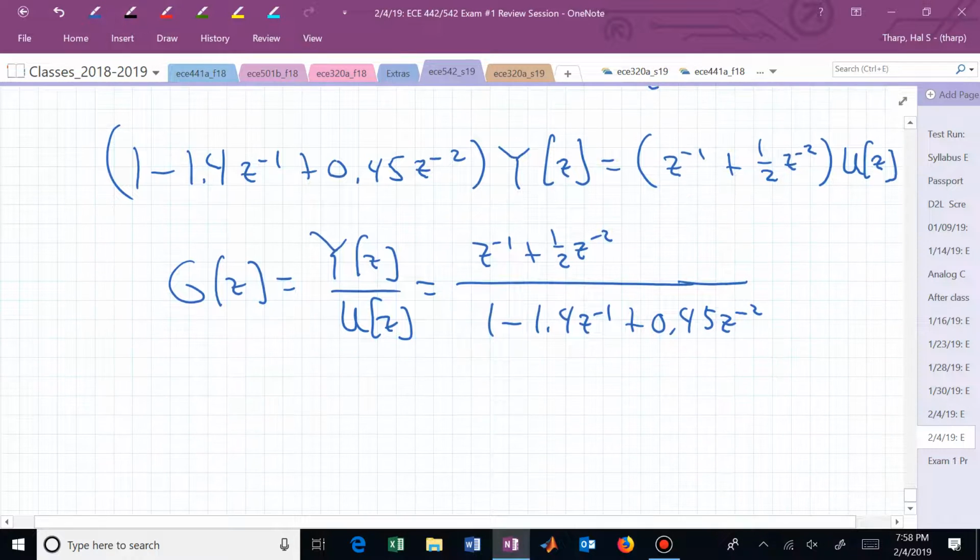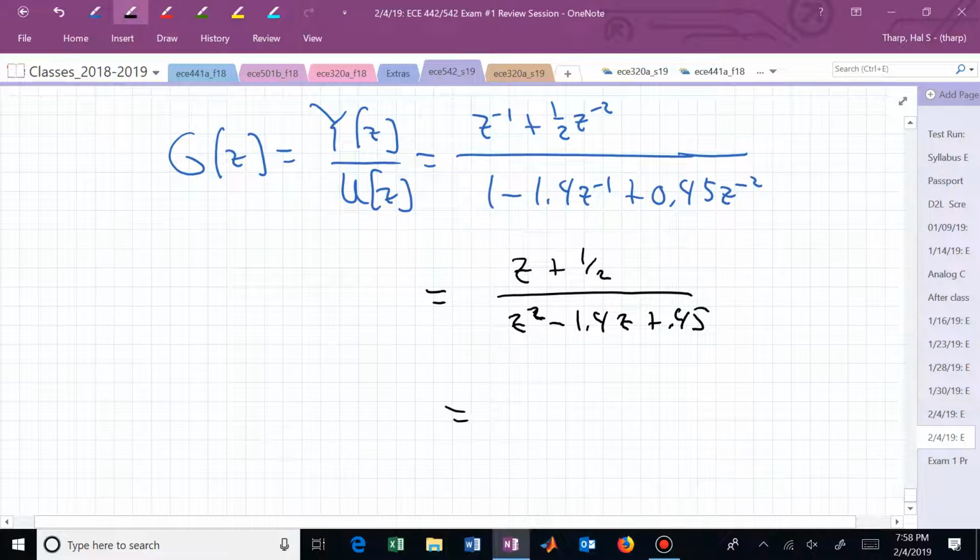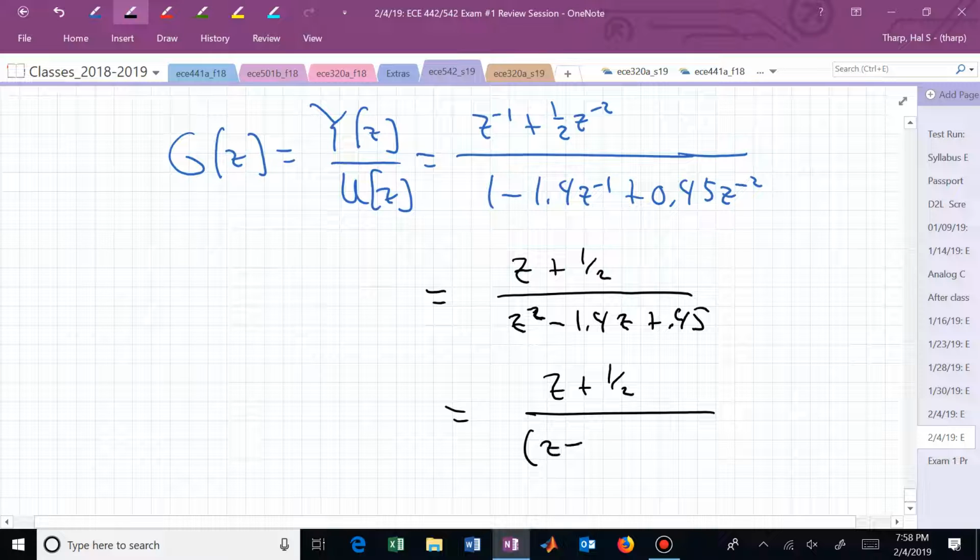And if you wanted to rewrite that in terms of positive powers of z, and finally you might have then in factored form something like that.